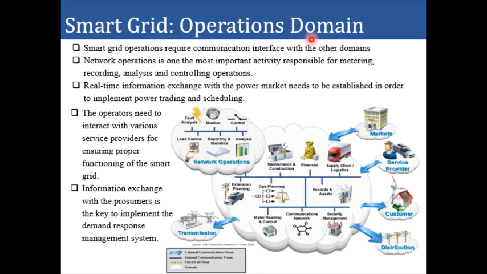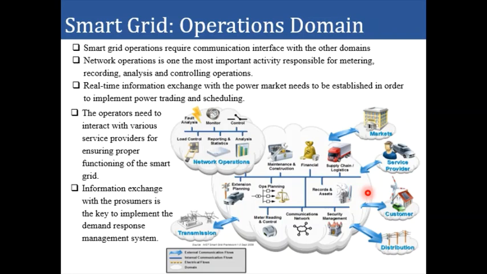So next is operations management. That means how to operate the power system network. Many software applications are already being utilized in this particular domain in the existing power system network also. Say for example, SCADA, energy management system, distribution management system, outage management system, and so on.